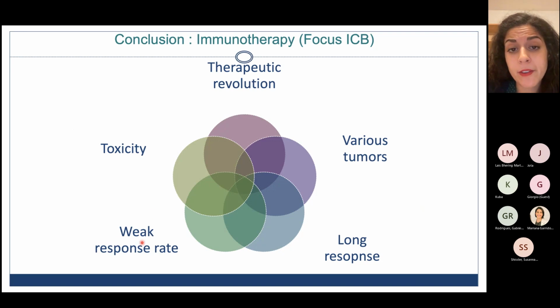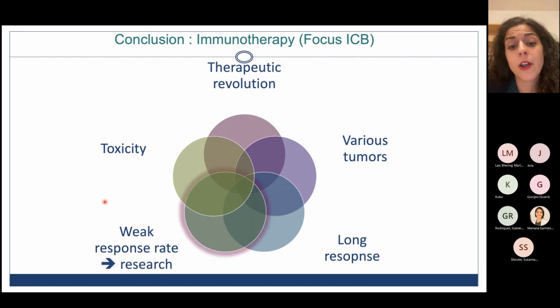And even if it's a therapeutic revolution, you still have a weak response rate, because most of the patients will not respond to immunotherapy. And so there is a high need to try to understand why some patients will respond, why some patients will not. And so a huge need to do some research in this field.